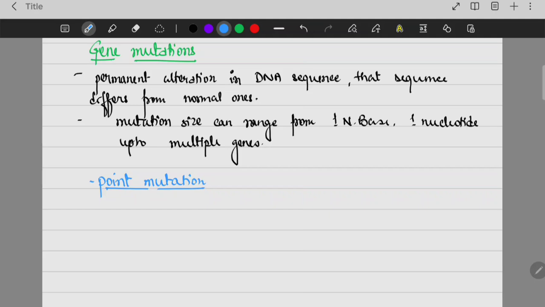So what is point mutation? Point mutation is a type of mutation in which a single nucleotide base is changed. This change can be a substitution, insertion or deletion of the genetic material.